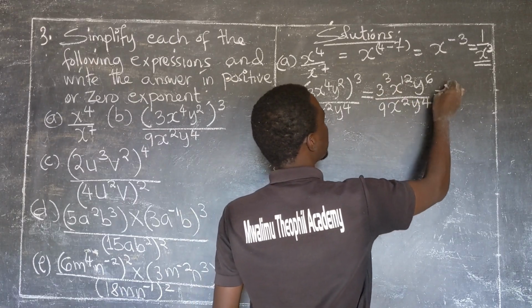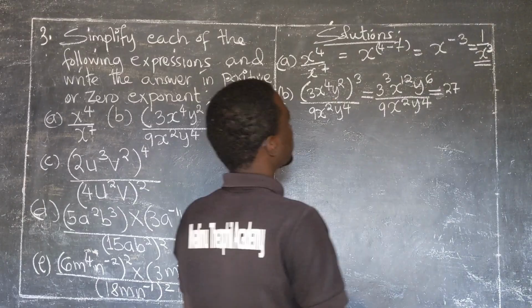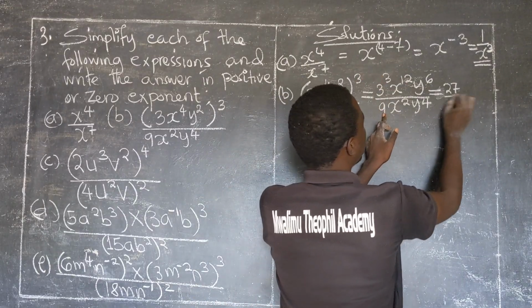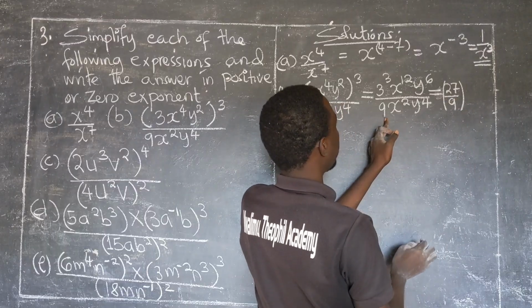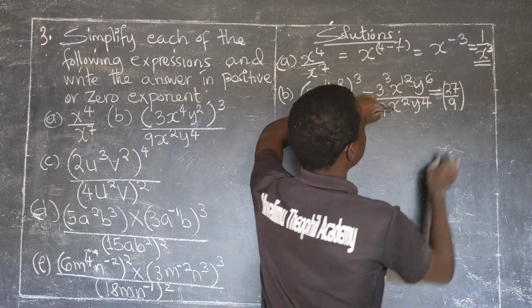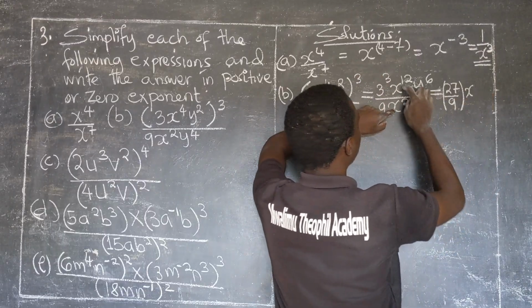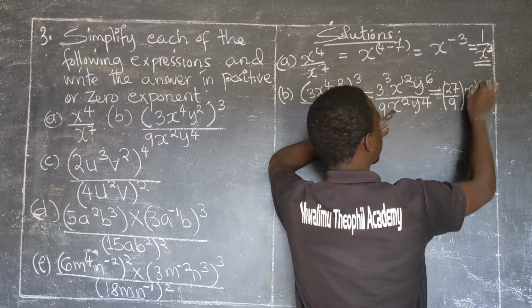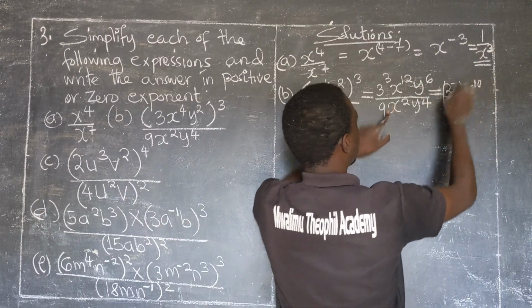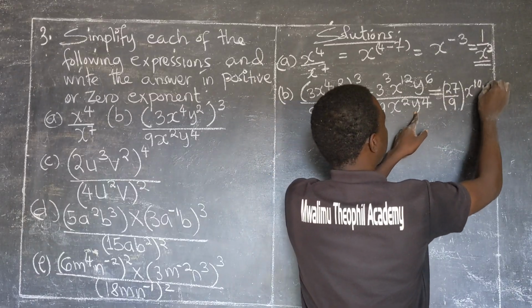3 times 3 times 3, we get 27. Here we get 27 divided by this 9, multiplied by x and x. We take one x, and we subtract the exponents as it is division. 12 minus 2, we get 10. Here y, we take one y.